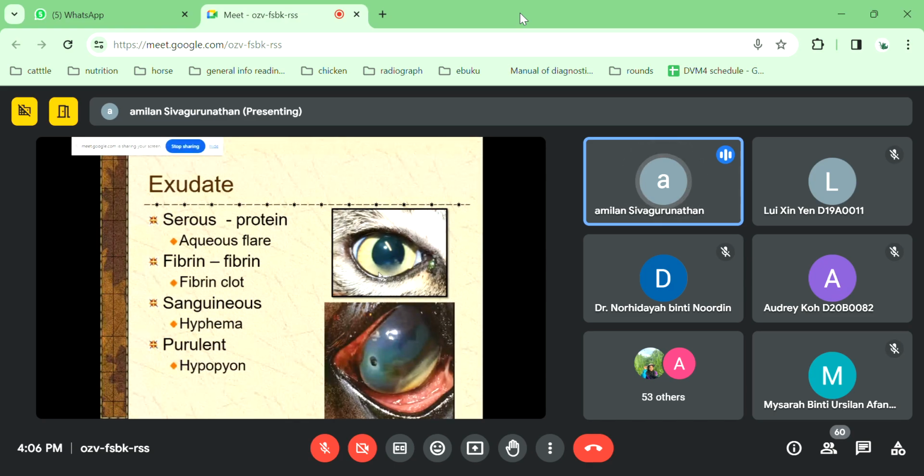Exudate can also be classified based on the nature and the consistency. From the serous protein exudate that we see to the fibrin clots, sometimes we see that in the FIP cats, and hyphema, serosanguinous hyphema. And of course, in the picture below is the hypopyon, the purulent exudate.